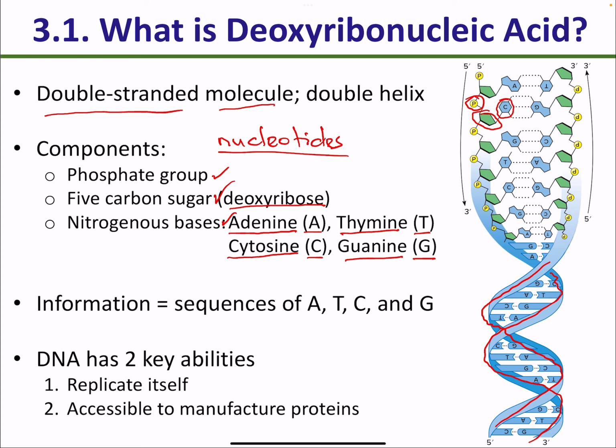Now, when we consider the double helix of DNA, we notice that A always pairs with T, while C always pairs with G. And you can see that here, where G pairs with C and A pairs with T. So, because of that, again, DNA is a double-stranded molecule.